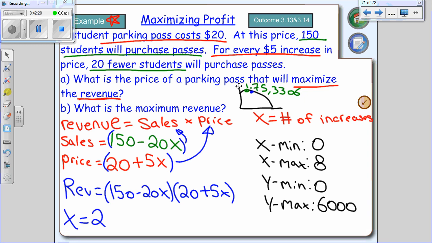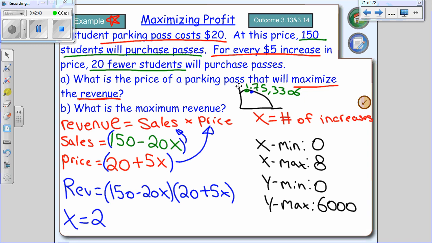Well, what's the question asking? What is the price of a parking pass that will maximize the revenue? The question was, what is the price? Price was 20 plus 5 times however many increases you did. X was the number of increases you needed to maximize your revenue.